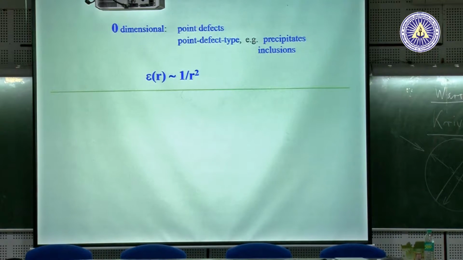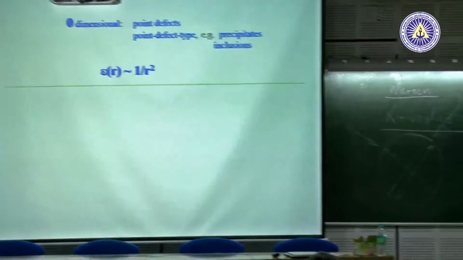We wouldn't say that our planet is a point, because we cannot live on a point. But if we go to the other end of the galaxy, then our planet is a point. So a small precipitate or an inclusion, if you go far enough, is a point.